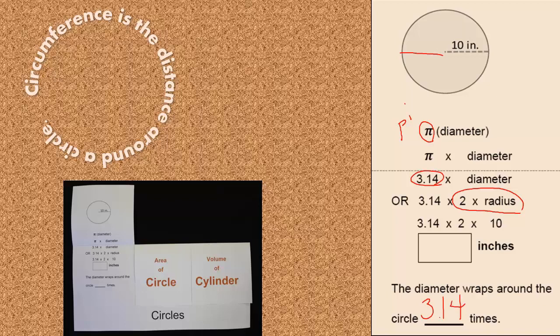So we can change diameter to 2 times radius and just follow this formula. 3.14 times 2 times 10, and that will be 62.8 inches. That is the distance around the circle, 62.8 inches.